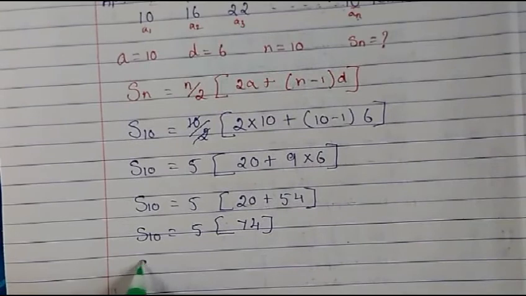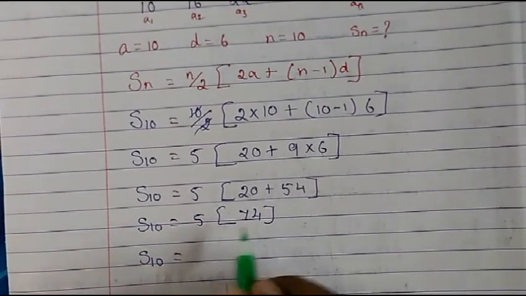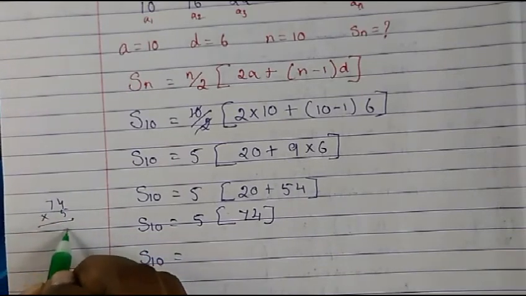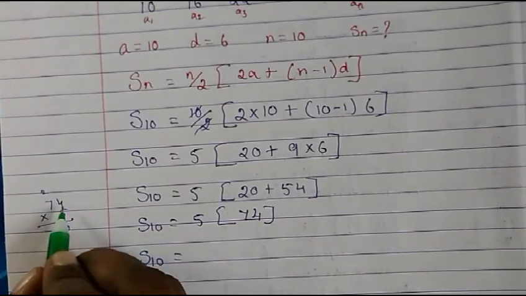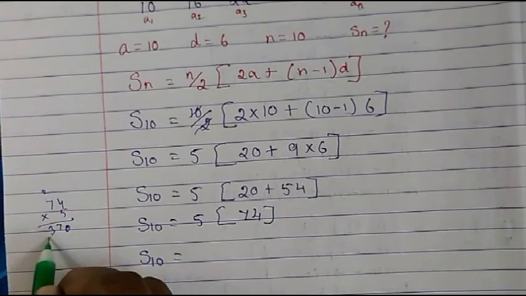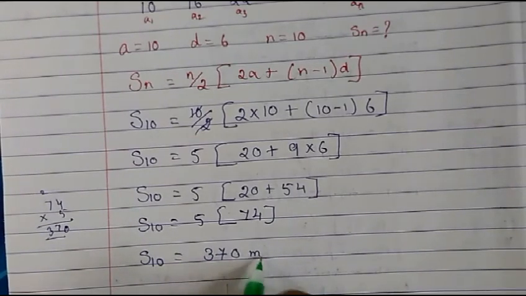Then we have 5 into 74. 74 you have to multiply with 5. 5 fours are 20, and so on. So we have 370 meter.